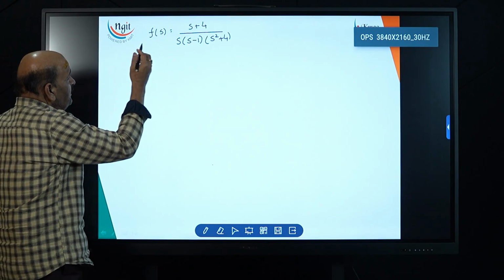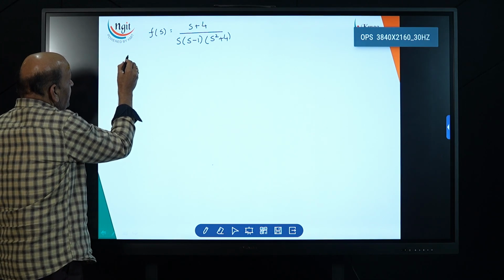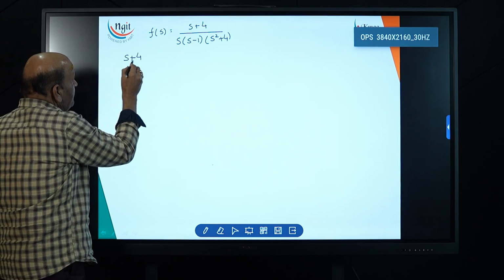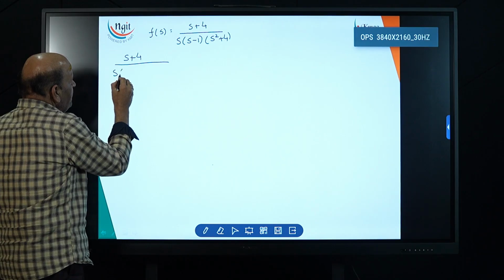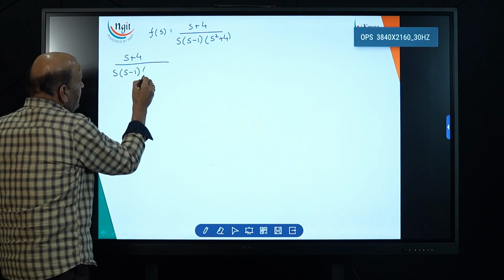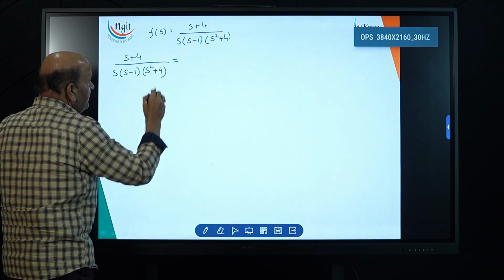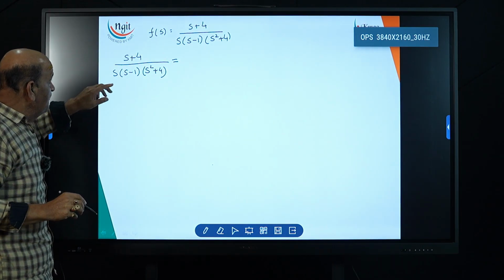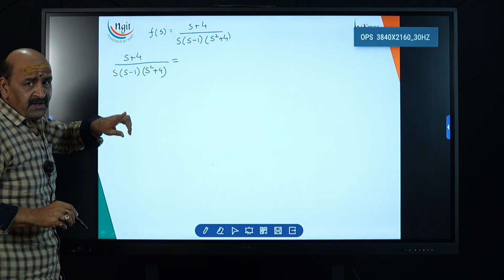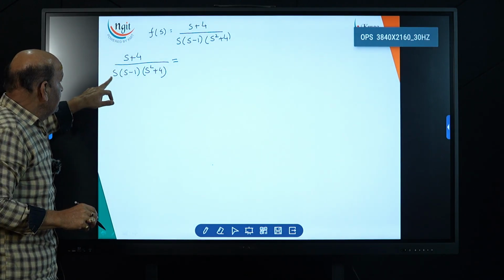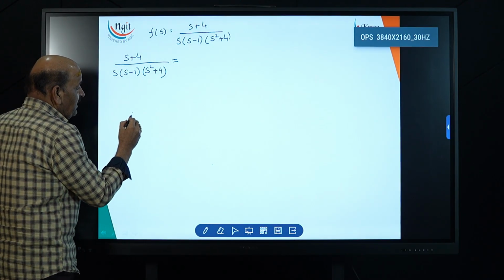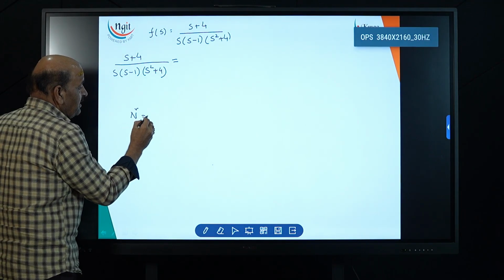Whenever a problem is given like this, observe very keenly. The power of s in the numerator is 1.